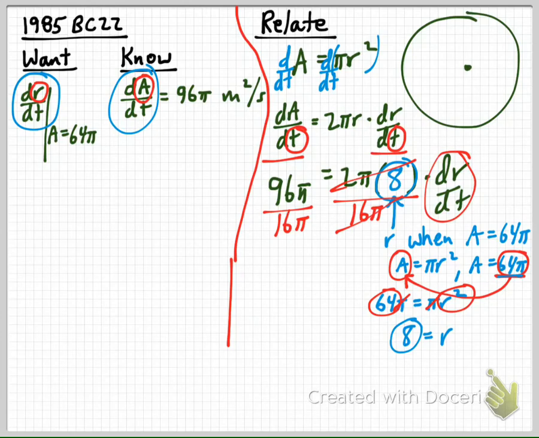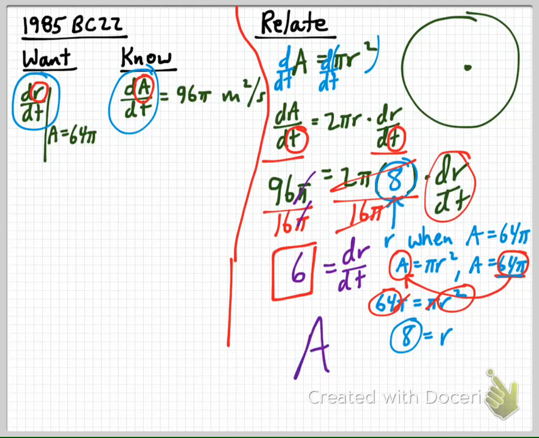So we get our dR/dt equals, and the pi's cancel here, and 96 divided by 16, be careful here, 96 divided by 16 is 6, so we get dR/dt is 6, and we don't even need units of measure here. They don't even put that in any of the solutions, and that 6 right there is choice A. So A is the right answer.